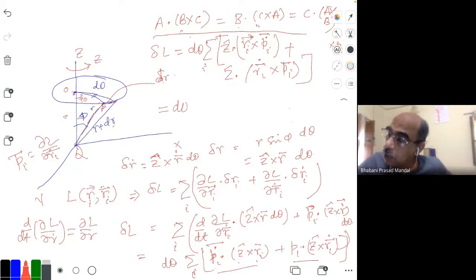So d theta, z unit vector dot sum over i. In both places z unit vector. So one term is ri cross pi dot and the other term is ri dot with pi cross pi.